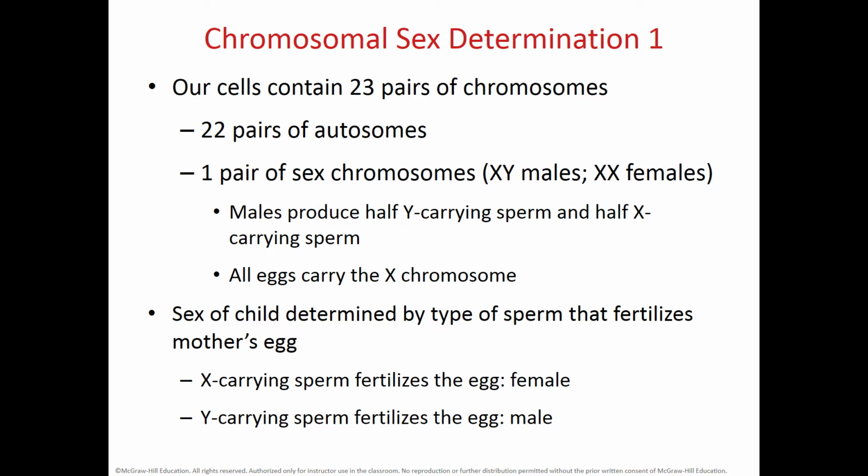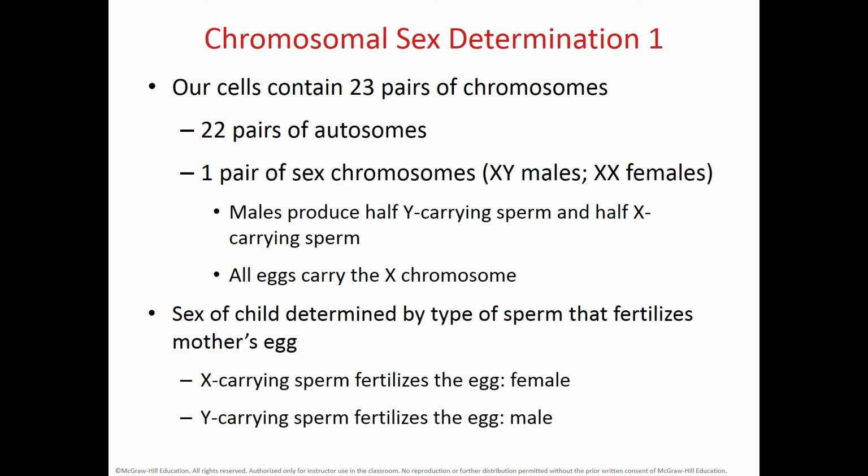Now, genetic sex is determined by the presence of the sex chromosomes. So it will be XY in males and XX in females. So 2 X chromosomes in females and only 1 X in males.